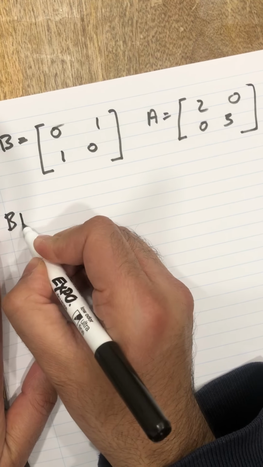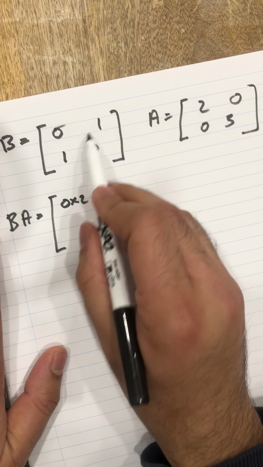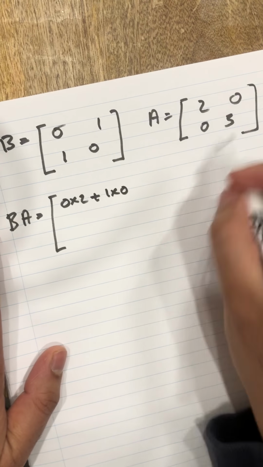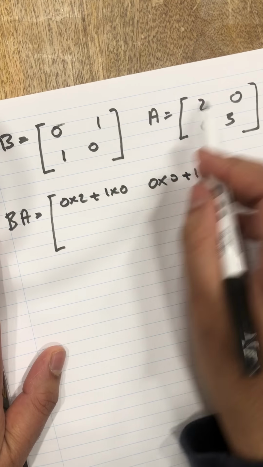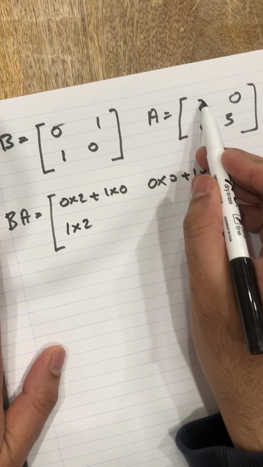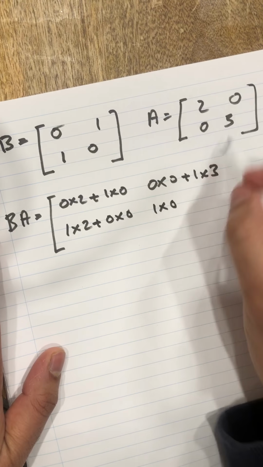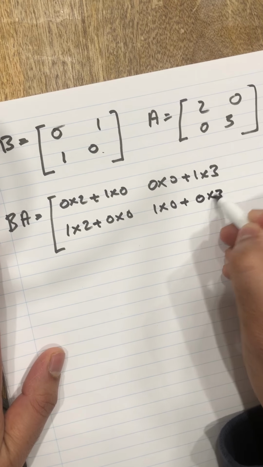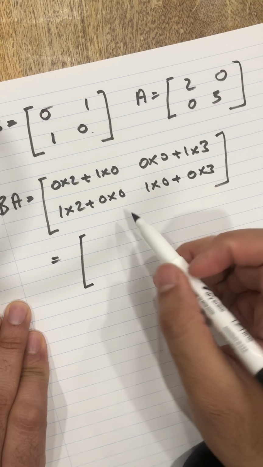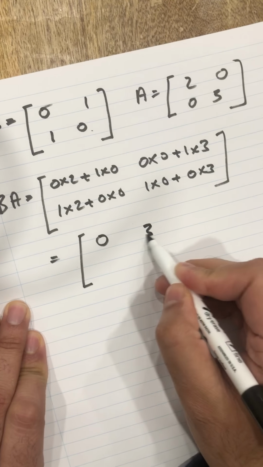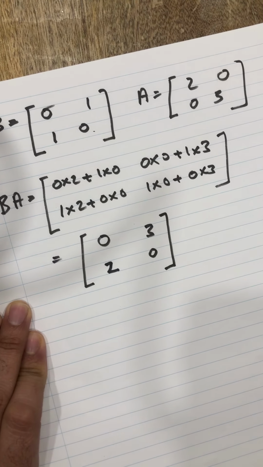Now let's try to find B into A. What do you get? 0 into 2 plus 1 into 0, 0 into 0 plus 1 into 3, 1 into 2 plus 0 into 0, 1 into 0 plus 0 into 3. So what is the result here when you do B into A? You get 0, 3, 2, 0.